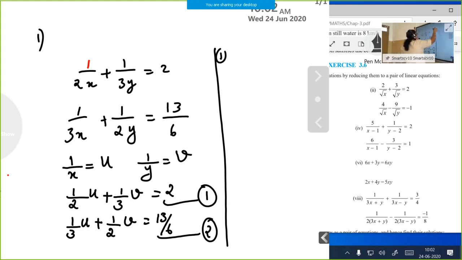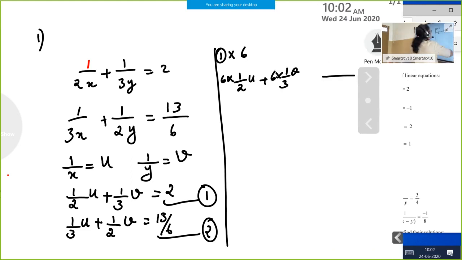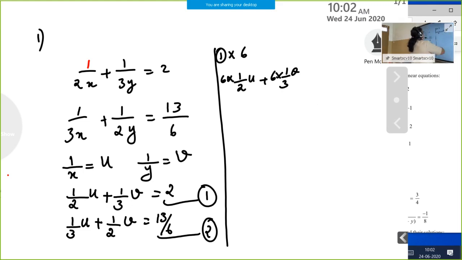Multiply equation 1 by 6: 6 into 1 by 2 u plus 6 into 1 by 3 v is equal to 6 into 2.